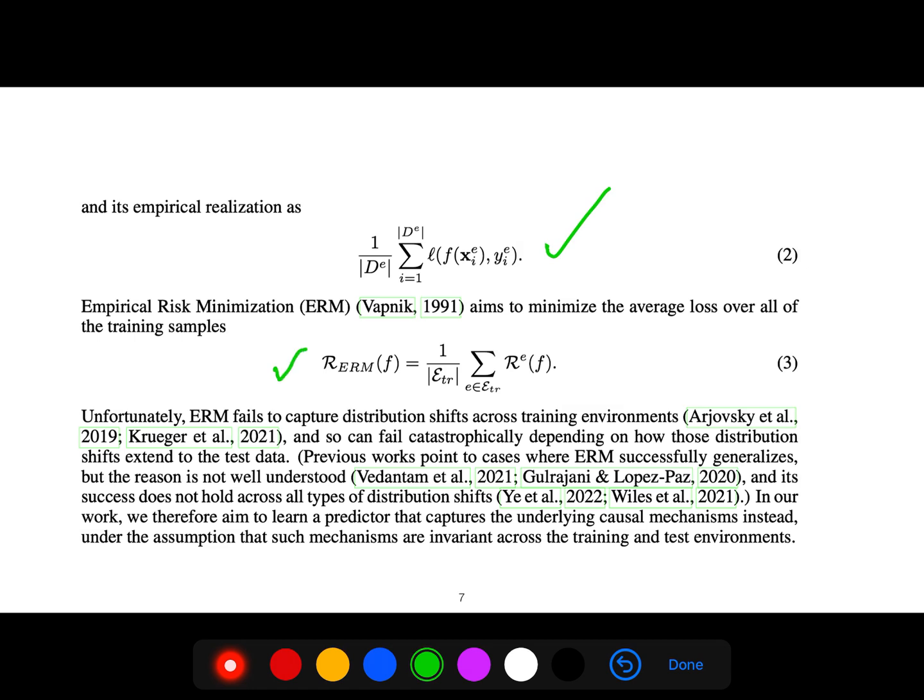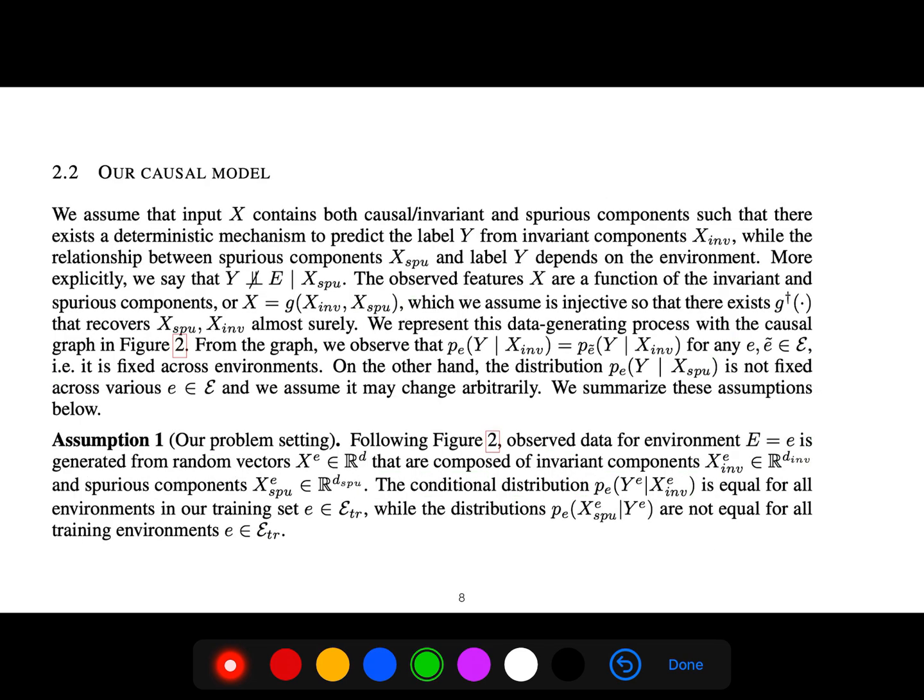Unfortunately, ERM fails to capture distribution shifts across training environments, and so can fail catastrophically depending on how those distribution shifts extend to the test data. So we assume that X contains both causal or invariant and spurious components, such that there exists a deterministic mechanism to predict the label from invariant components.